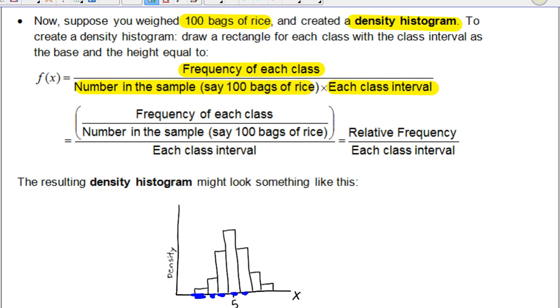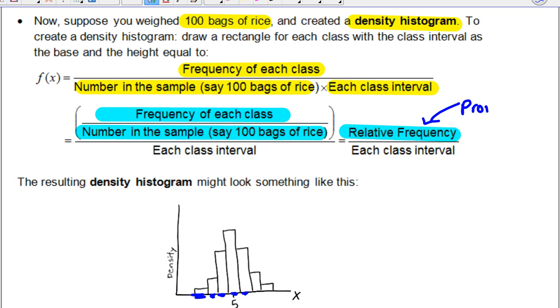Alternatively, we can arrange this equation to have the frequency divided by the number in the sample. Frequency of each class divided by number in sample gives us what we call relative frequency. Relative frequency is basically probability.